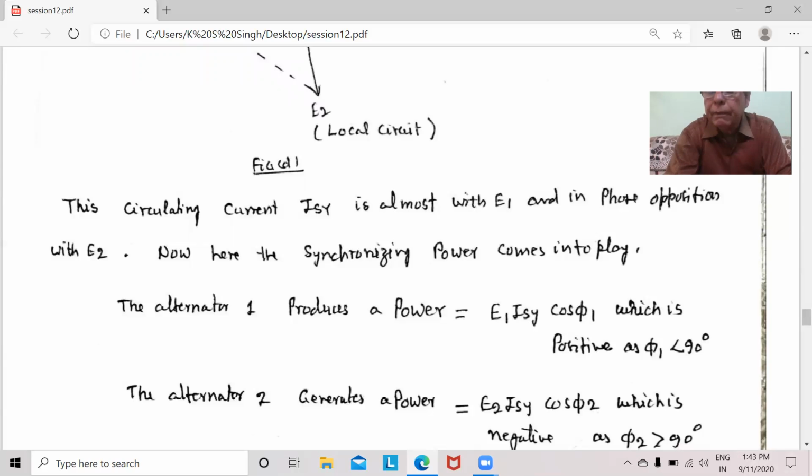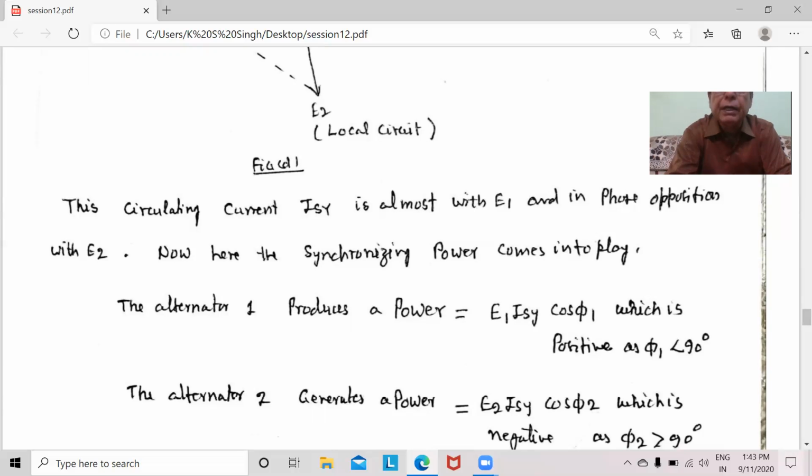Hence this alternator one works as a generator and alternator two works as a motor, meaning alternator two will take power from alternator one. The speed of alternator one will reduce and the speed of alternator two will increase.